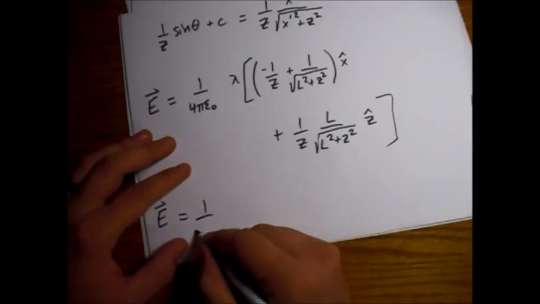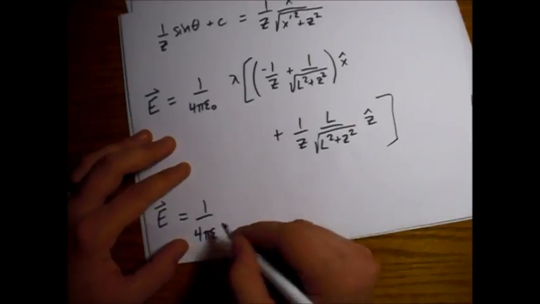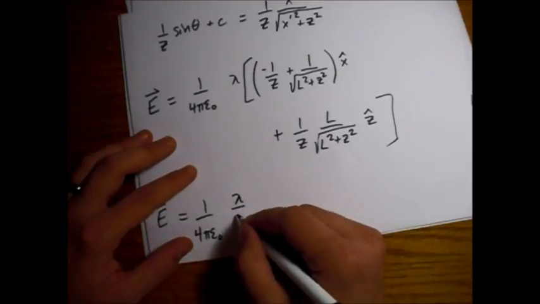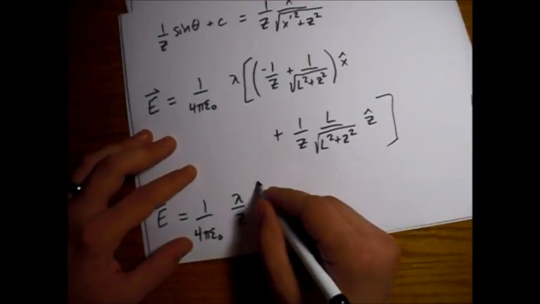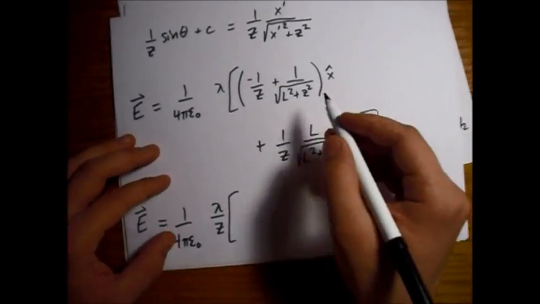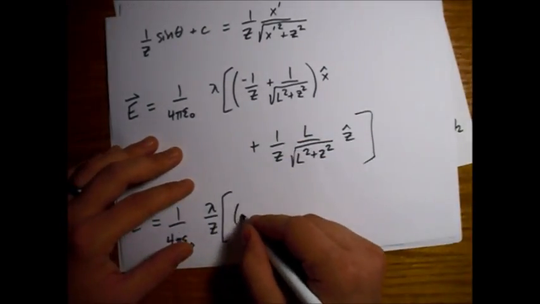So once we get this written, we'll look at the limit for z much greater than L, and we should recover a point charge.